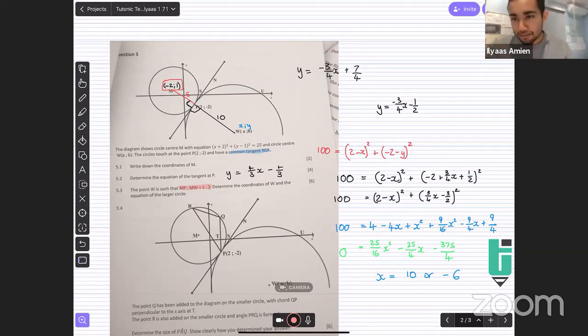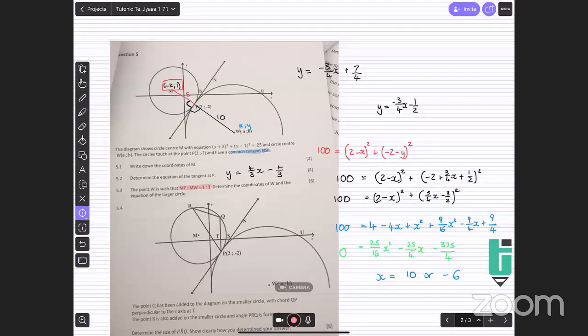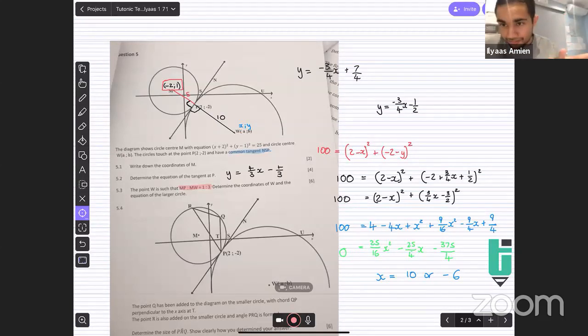Remember, I told you guys, you must understand the equation. So when I'm writing down this equation, what am I actually saying to the calculator? My distance must be 10. I've got 2 points, right?